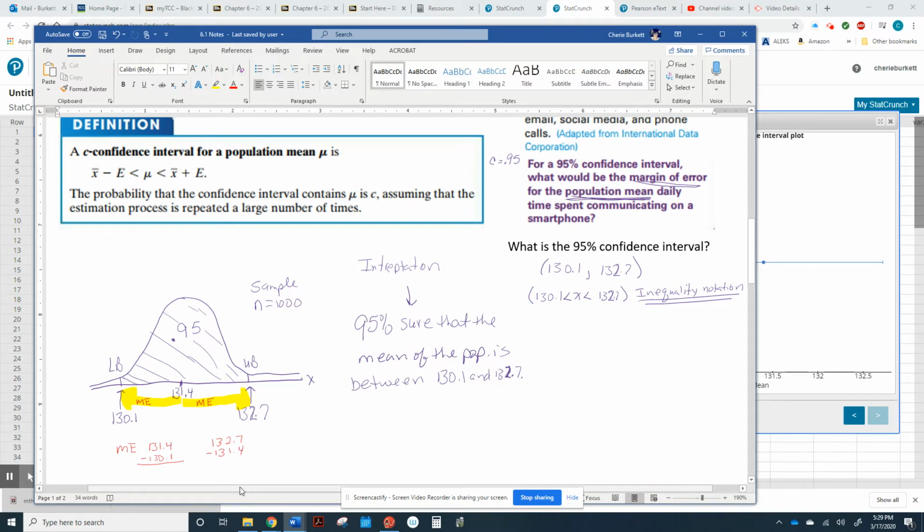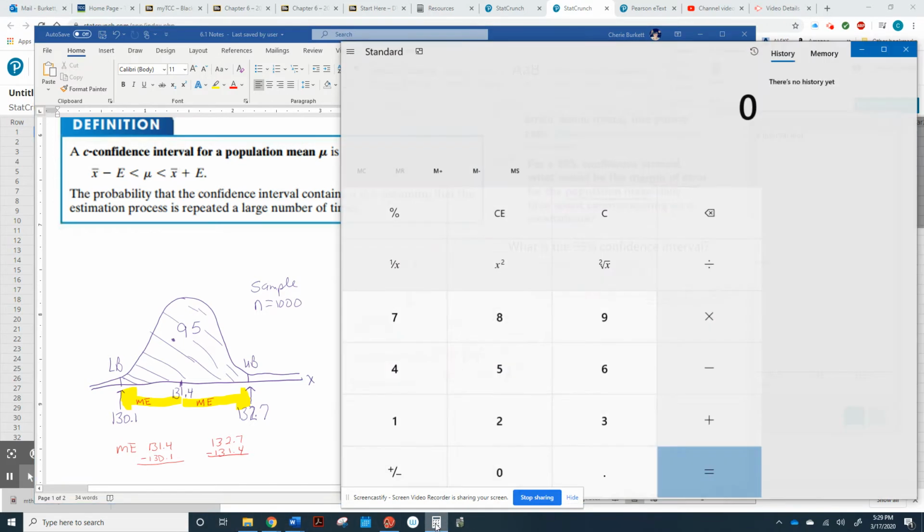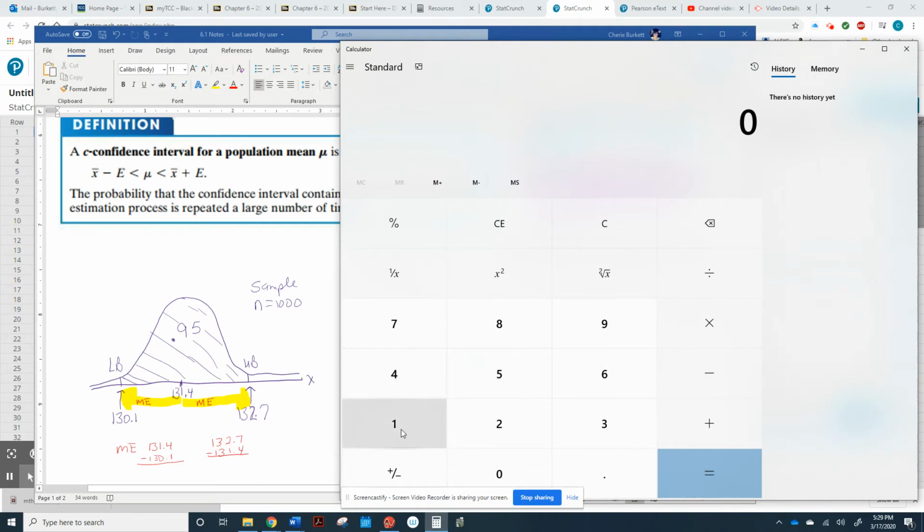And if I did that right, I'm not going to use either one of my big calculators, I'm just going to use my regular old calculator right here. 131.4 minus 130.1 comes out to be 1.3.